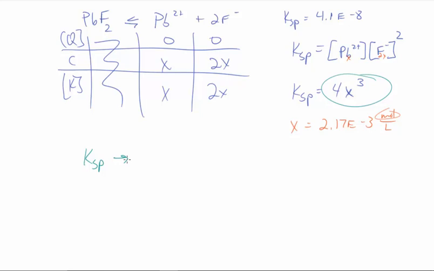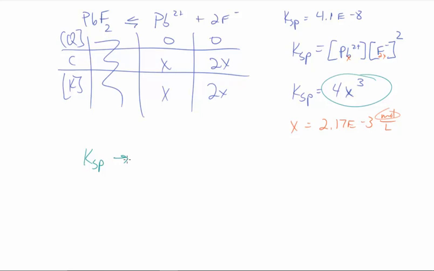But if I'm looking at lead-2 fluoride versus silver chloride, right? One of them has a 1-to-1 ratio, the other one has a 1-to-2 ratio. I can't actually use KSP reliably to make that prediction, all right? And so we have to be careful when we're looking at our ratios and we're trying to use this KSP value to predict molar solubility, right?